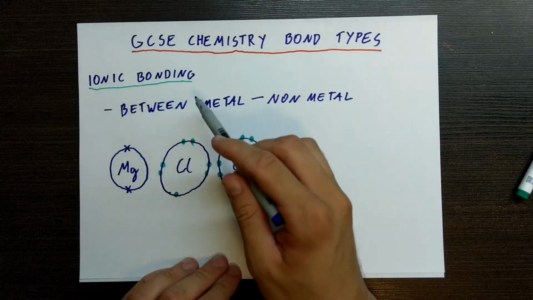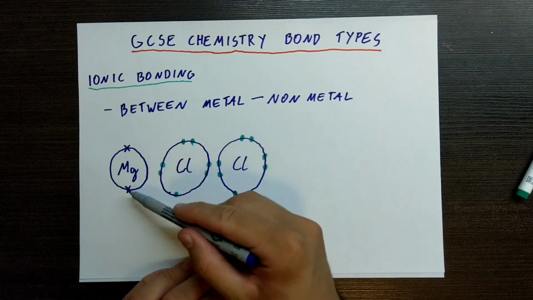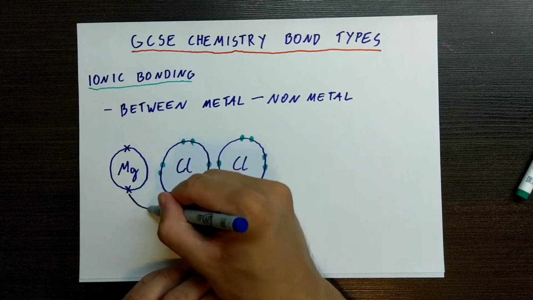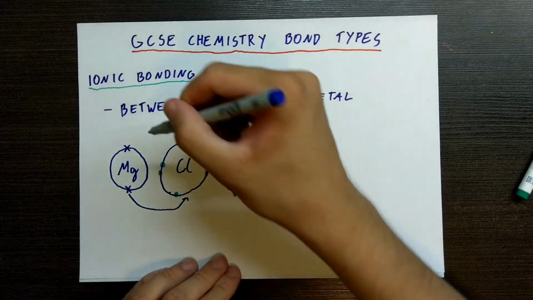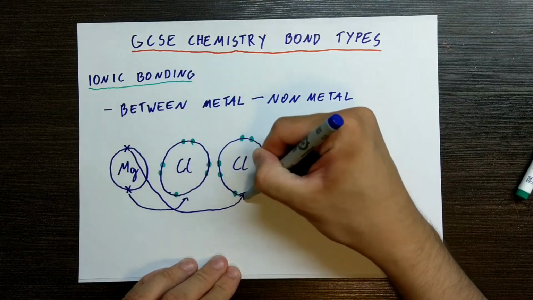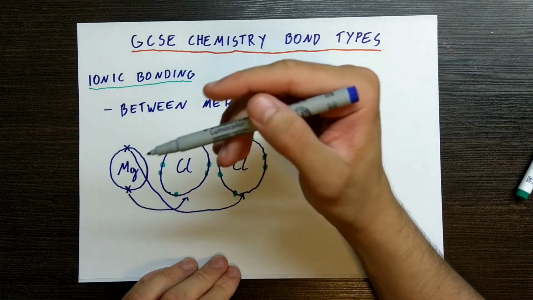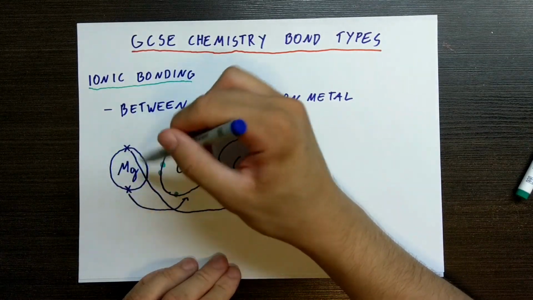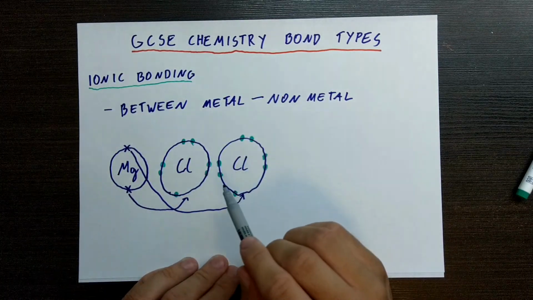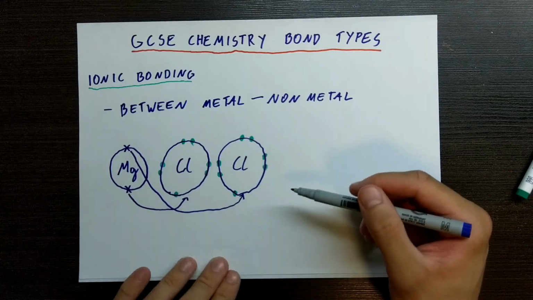This is ionic bonding, so magnesium is going to give these electrons to chlorine. Magnesium is going to give this one here, and it's going to give this one here. So what happens at the end is we have magnesium with 0 electrons in its current outer shell, and we'll have 2 chlorine atoms with full outer shells of 8 electrons.